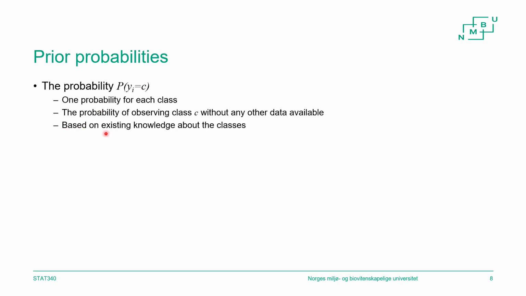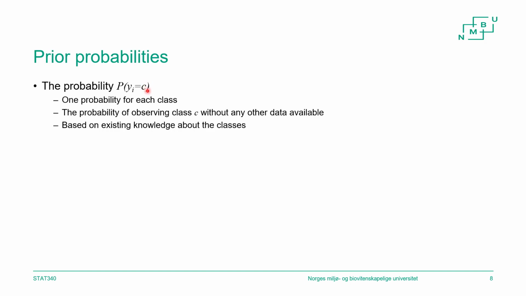So this is then based on existing knowledge about the classes. And this is something we very often have, right? Because, for instance, if the classes were diseases, we have some idea how frequent the disease is. If you sample like 1,000 people, how big a proportion of them do you expect to have this disease?